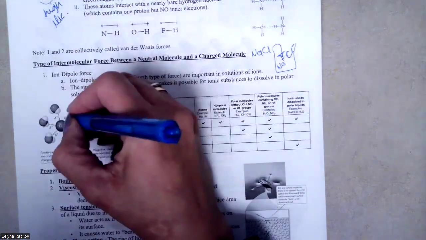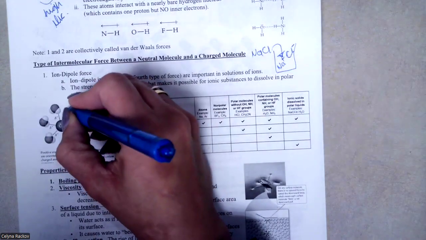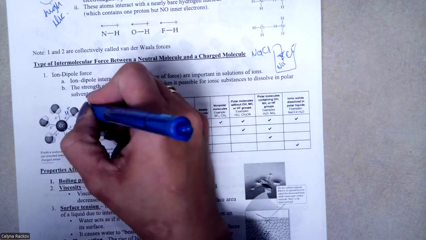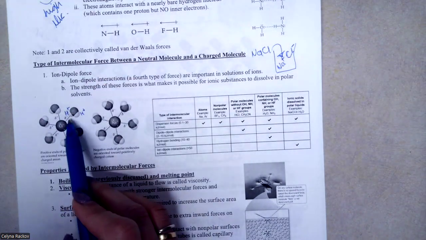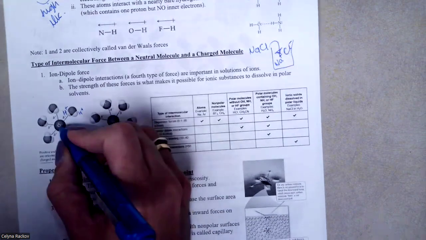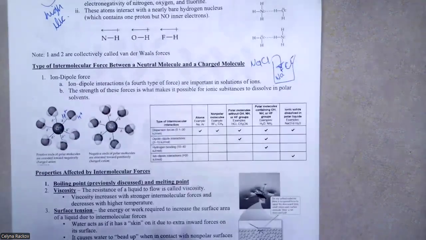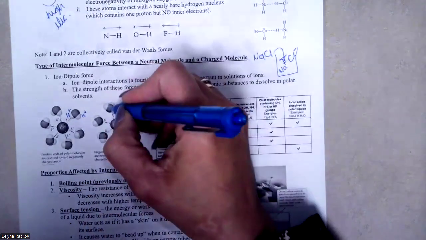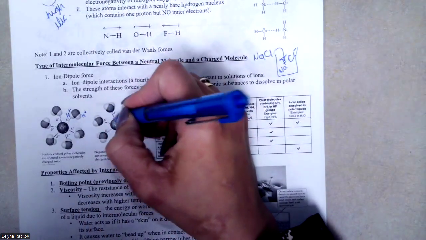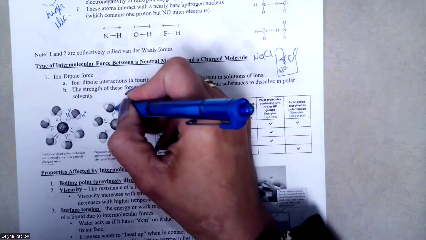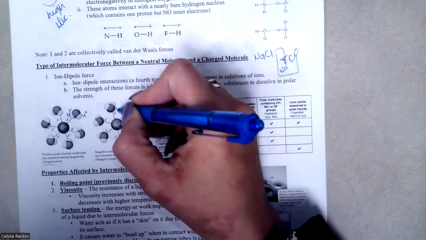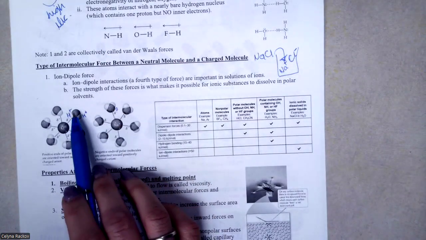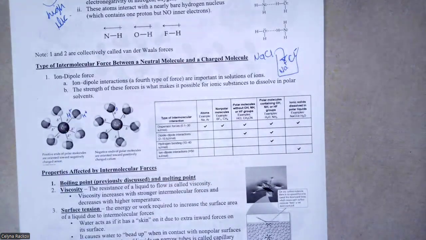The hydrogens are the positive ones, and they have intermolecular force with chloride, the negative one. But for Na+, the positive one, the oxygen is making the connection, because the oxygen has the negative dipole. So negative with positive, positive with negative.